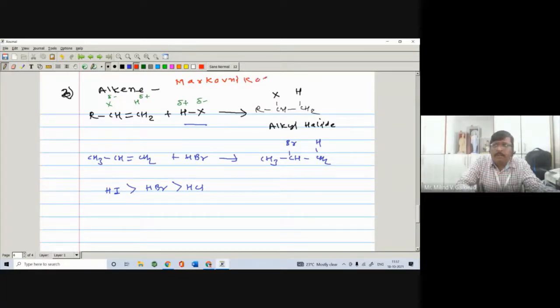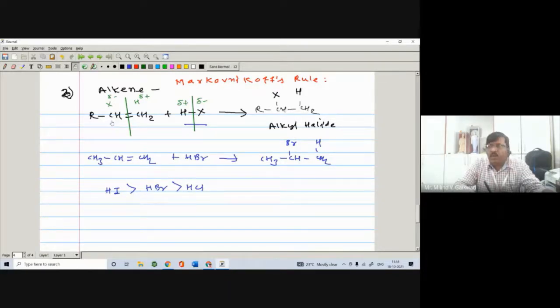Markovnikov rule. And what is the Markovnikov rule? The Markovnikov addition rule tells us that when an unsymmetrical alkene, here is your unsymmetrical alkene, reacts with an unsymmetrical reagent, then the negative part of the reagent, X negative, will attack the doubly bonded carbon atom which has the lesser number of hydrogen atoms.